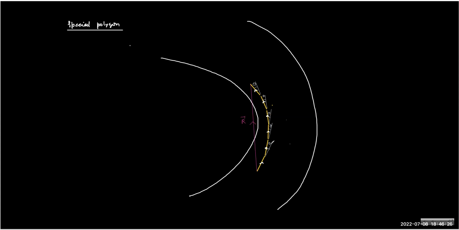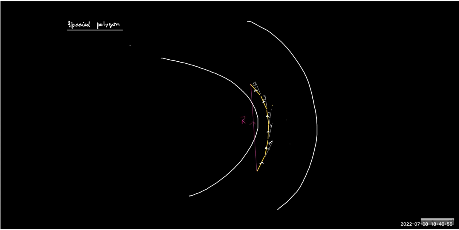Generally you don't stretch too much and shrink too much while walking. So assuming this is a stride of a person and the person is turning, he will keep the stride constant, like keeping the vector length constant, and then turning a bit every time. Okay, because you want to go that way. So this kind of vectors is called the nice polygon.